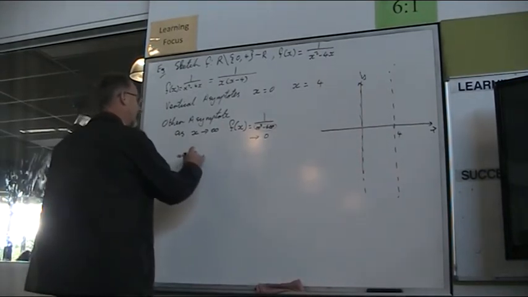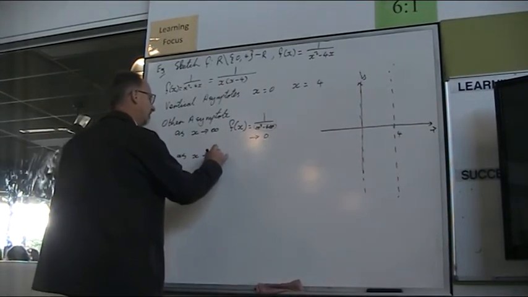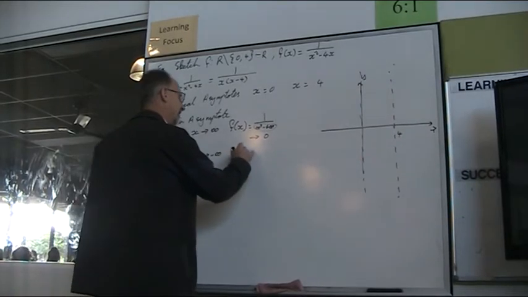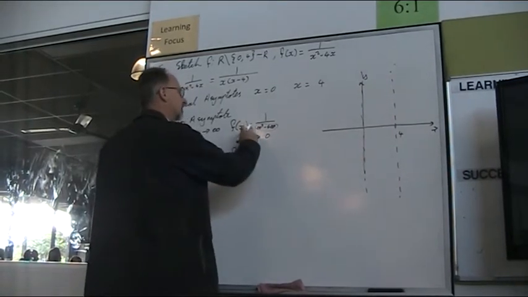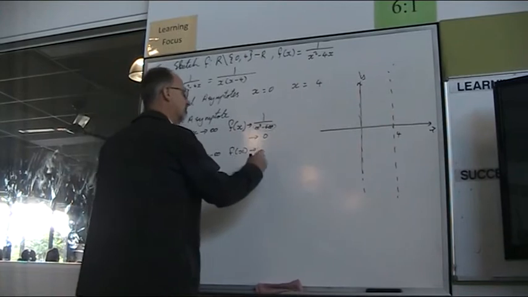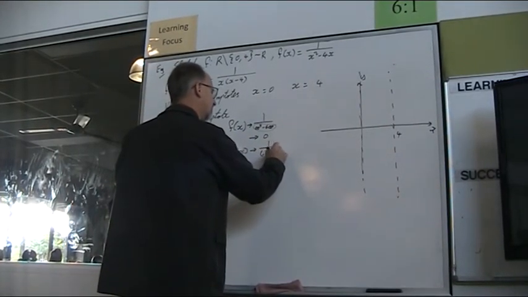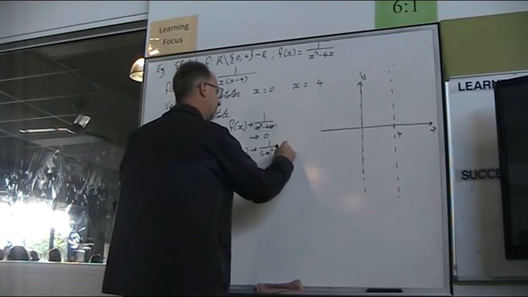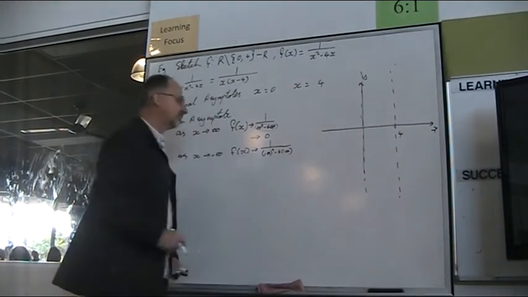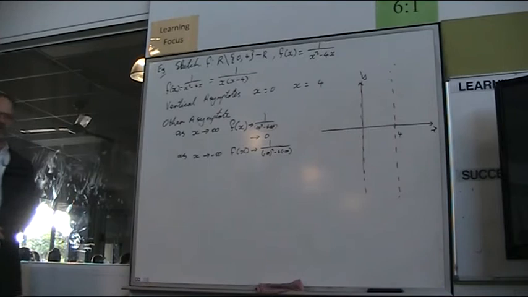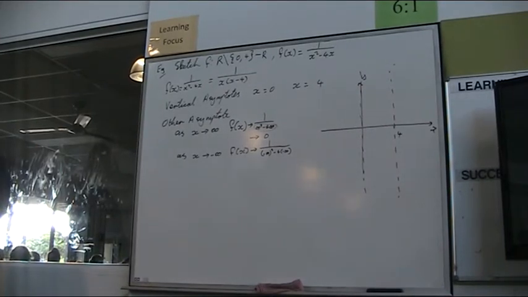And as x goes towards negative infinity, f of x goes towards 1 over negative infinity squared minus 4 lots of negative infinity. So on the bottom there, again, a huge, gigantic, massive number.